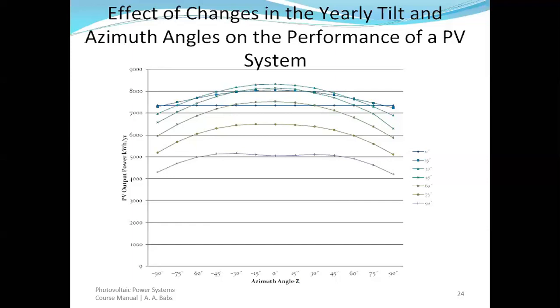So depending on whether the sun is high or low, it will determine how we will design our tilt angle. So that means we can have different tilt angles for different seasons of the year for optimal performance of our PV power plant. That's what that simply means. And that is what this particular slide is talking about.